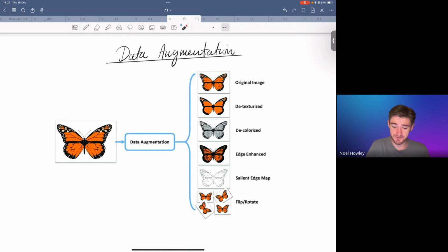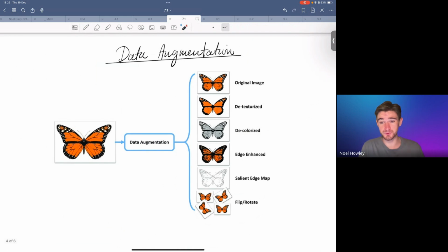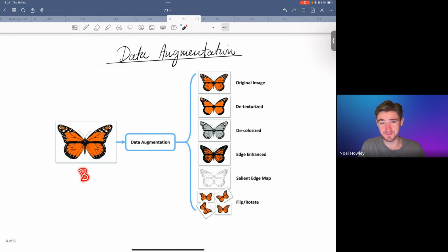On the left, we have our true label, which we should have in most machine learning problems. Let's call it B for butterfly, right? All of these other ones on the right would also be labeled with the true value when they're fed into our model. Therefore, our model would be able to generalize all these other new features, like the butterfly being rotated or having a different color scheme, to that output we might be trying to classify.